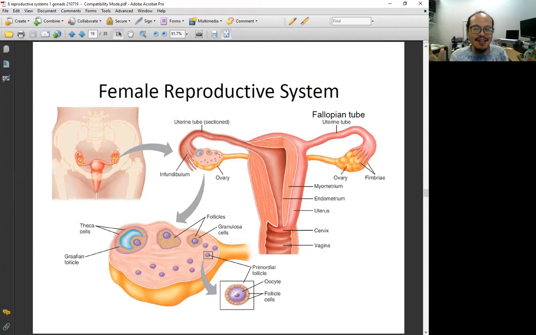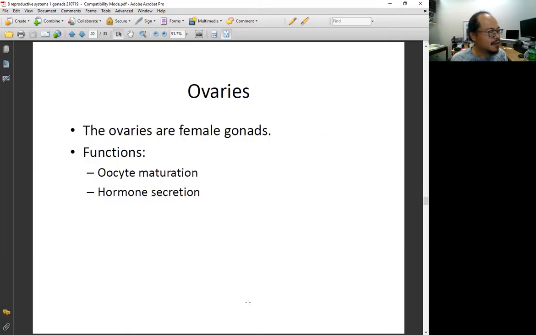It's surrounded, like its own palace, its own room, and they're very taken care of for her development. So that's the oocytes surrounded by the follicle cells. So that's that.